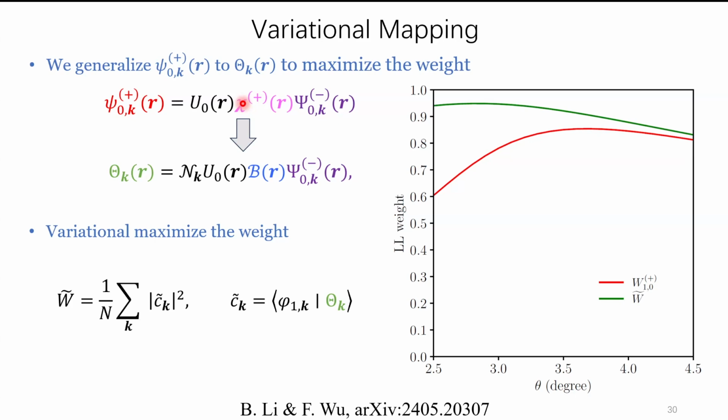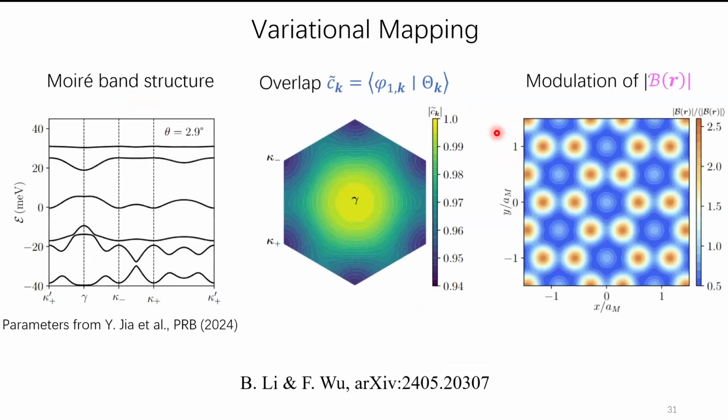And it can capture the spatial variation of the density in this Moiré Chern band. By variationally optimizing this function, we can maximize the weight of the Chern band on this generalized Landau level. I call this wave function the generalized Landau level. And as you can see, the weight can reach up to about 0.955, depending on model parameters.